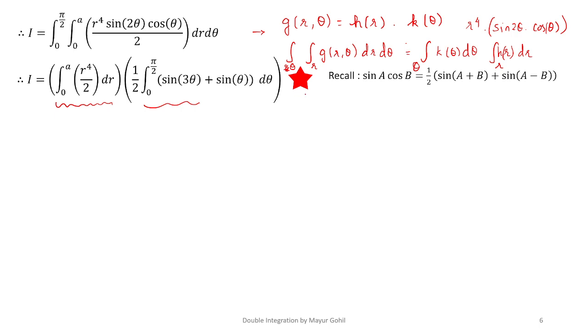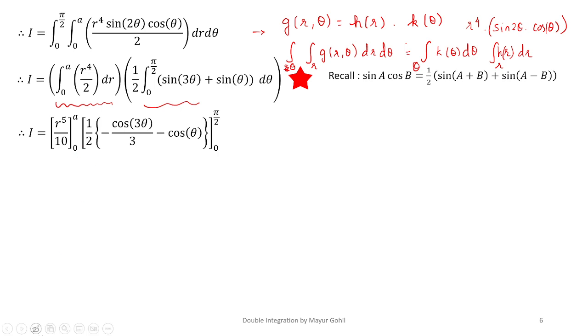Now again, this step is very important because now comes the calculation part. When you integrate r raised to 4 upon 2, it will become the following expression: r raised to 5 over 10, and the integral limits are going from 0 to a. Okay, and this half is already there, and you have to get those terms there.